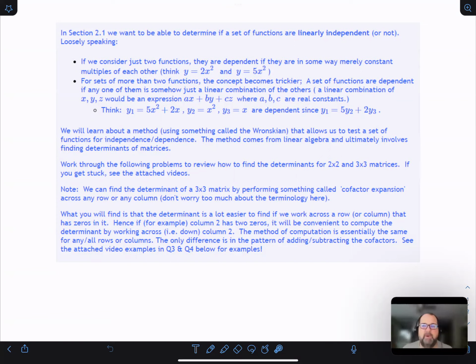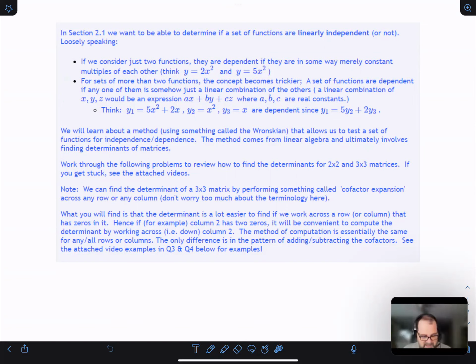I'll let you take a little look-see here. But it turns out for our work, the way we can test this is by something called the Wronskian. The Wronskian is something from linear algebra, so we're going to borrow a little bit of work from linear algebra here. The Wronskian is basically a determinant of a 3x3 matrix that contains functions and their derivatives.